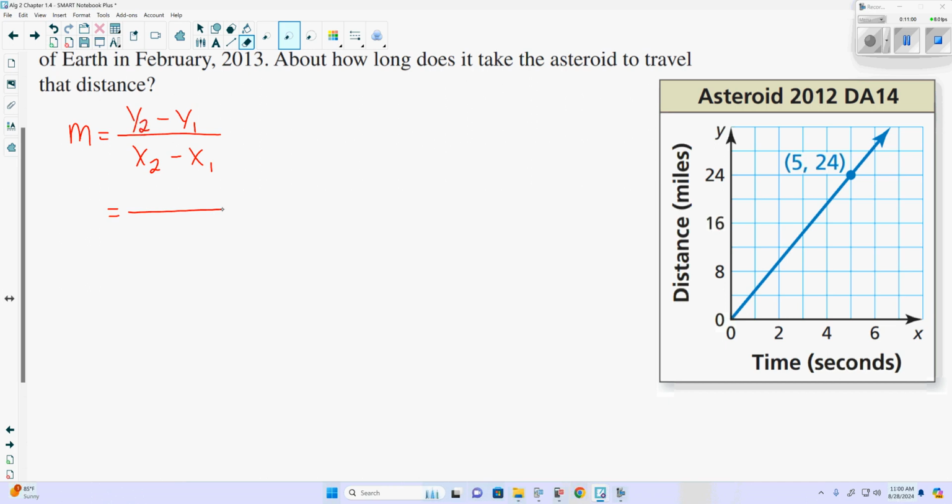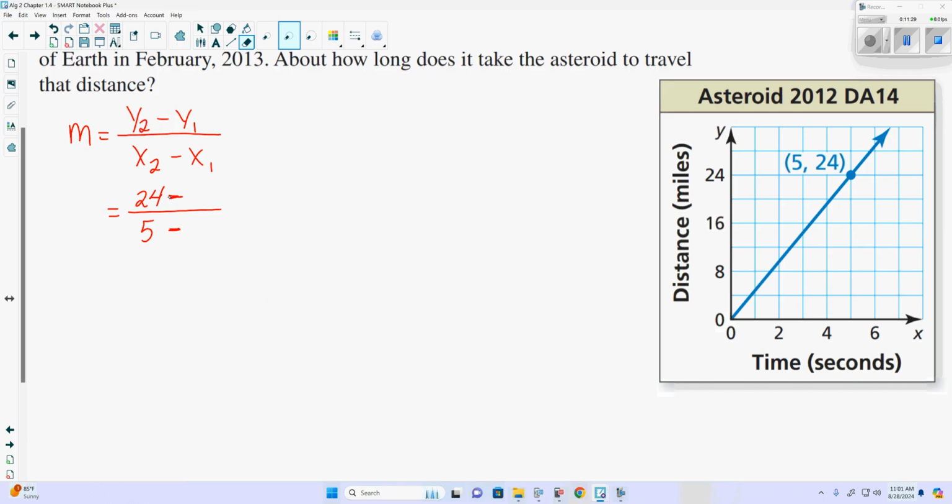The y value is 24, and the corresponding x value is 5, because at any given point, x comes first, y comes second. x, y. So we don't have a second one listed, yes?